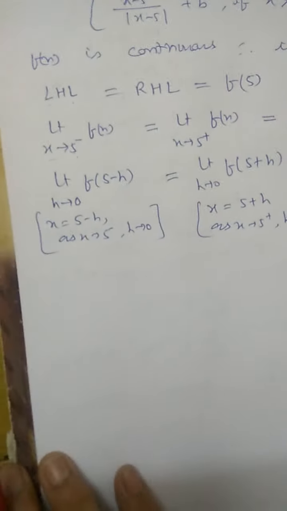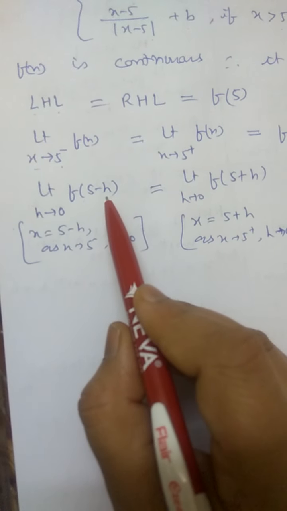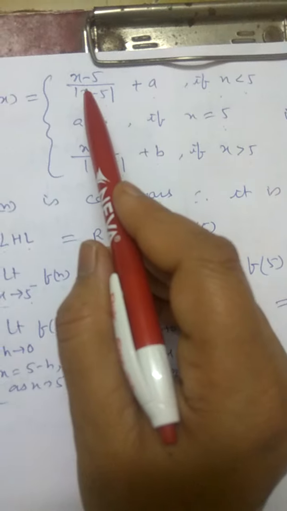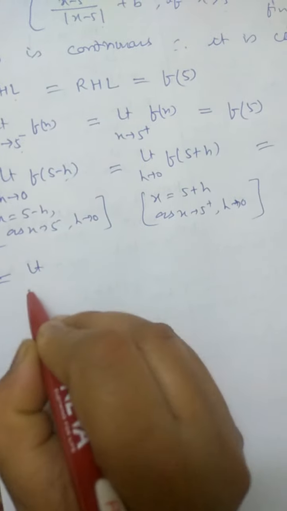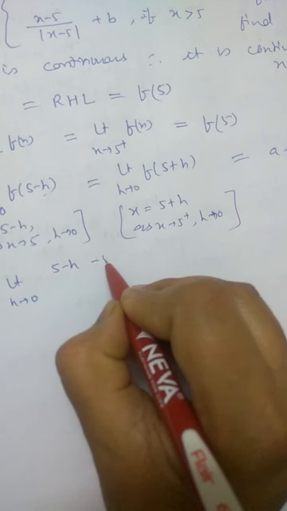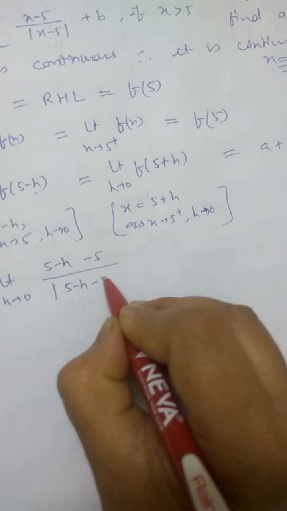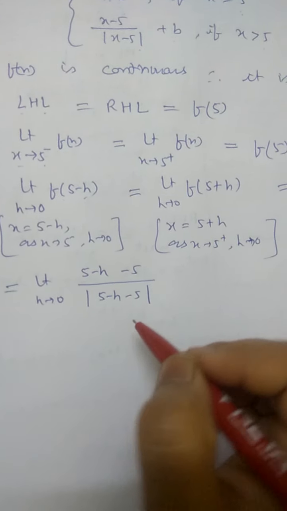Is it clear? And now substitute this f of 5 minus h for left hand limit. For left hand limit, when x is less than 5, the function is (x minus 5)/|x minus 5| plus a, and therefore it becomes limit h tends to 0, (5 minus h minus 5)/|5 minus h minus 5| plus a. This is for the left hand limit.